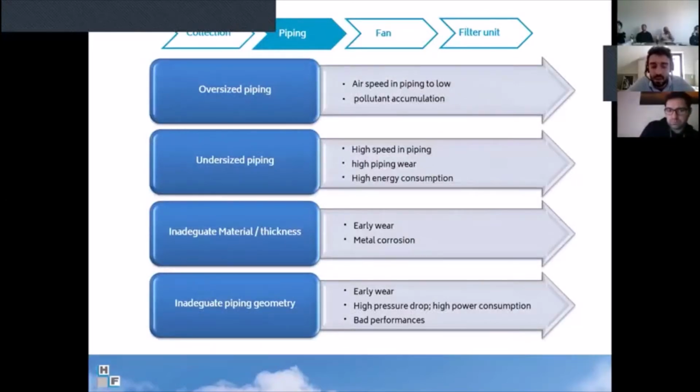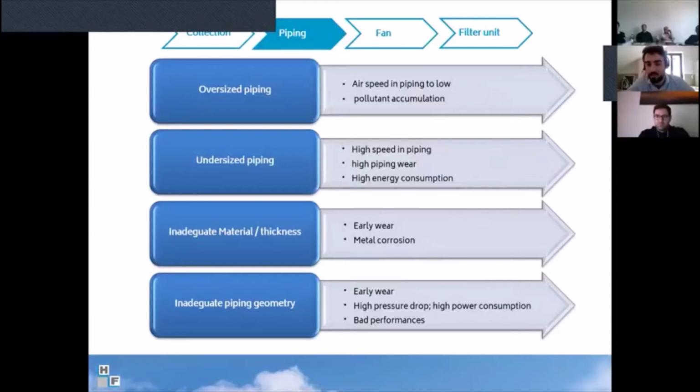This means that if the material is abrasive, the thickness of the piping can be reduced over time. This means that we have to oversize the thickness to reduce the risk of creating holes inside the piping.